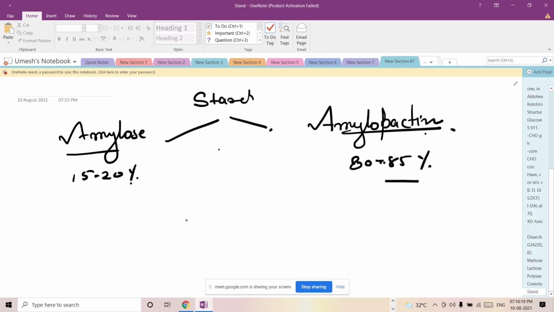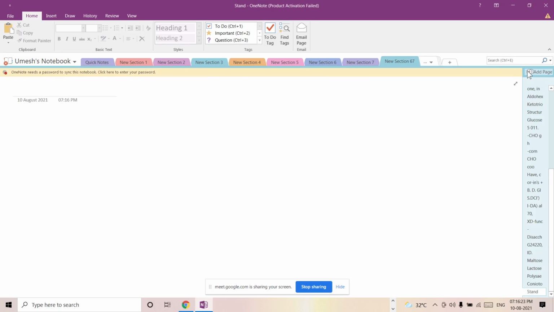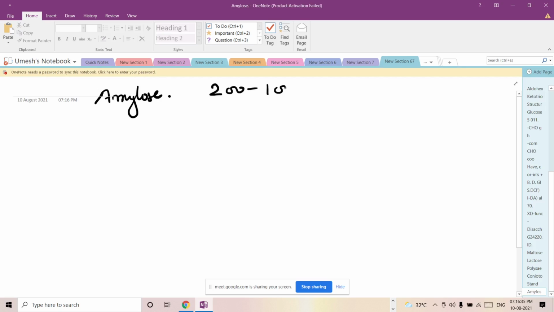Now let us discuss the structure of the amylose and amylopectin separately. So first of all, amylose. Amylose is a polymer of roughly 200 to 1000 alpha D glucose joined together with the C1 of one molecule and C4 of another molecule. It goes like this.